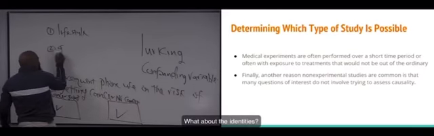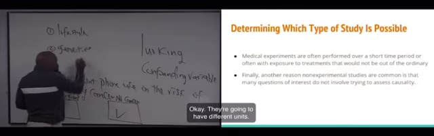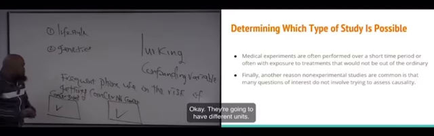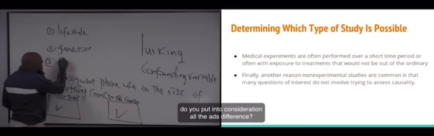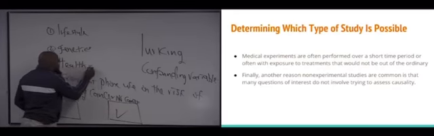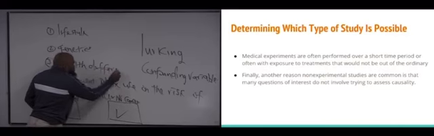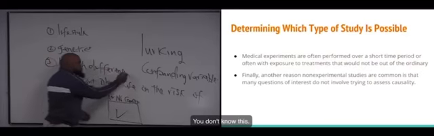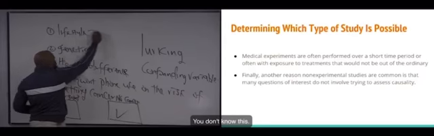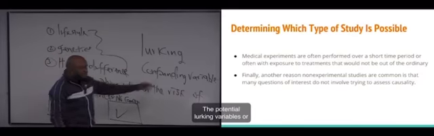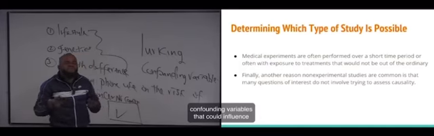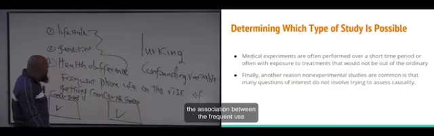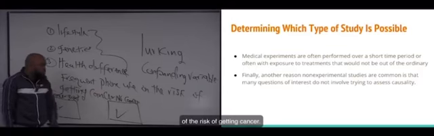They're going to have different genetics. Do you take into consideration the sex difference? You don't know. These are the potential lurking variables or confounding variables that will influence the association between the frequent use of phone and the risk of getting cancer.